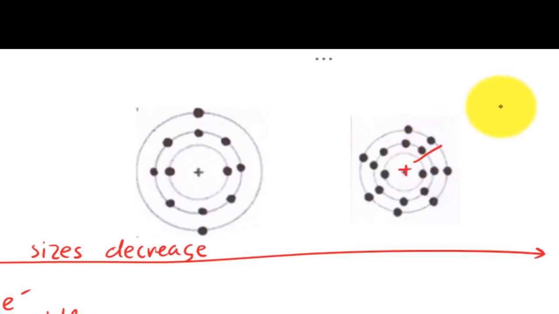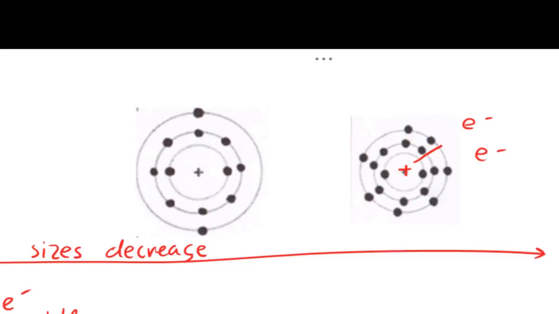But surrounding here are a bunch of electrons from other atoms. You have to imagine that. So in a smaller atom, the positive nucleus is closer to the valence electrons of nearby atoms.